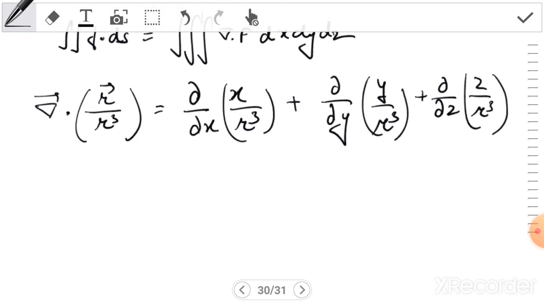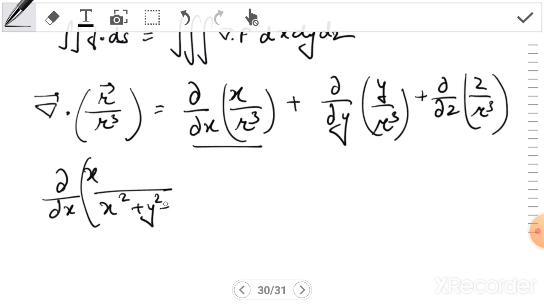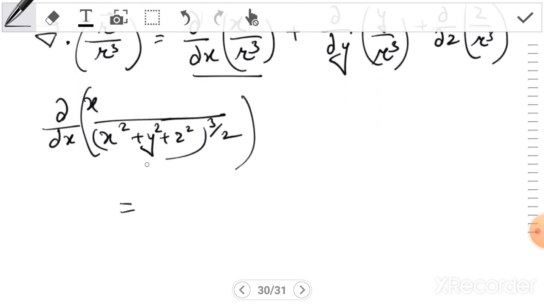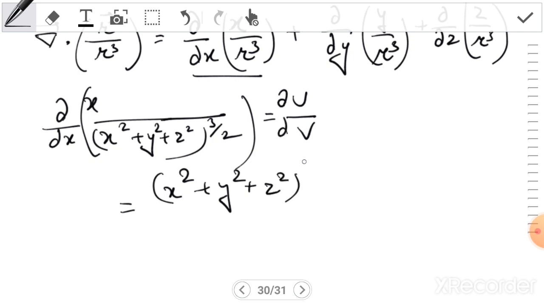Now let us evaluate first del by del x of x by r cube, which is x by (x square plus y square plus z square) to the power 3 by 2. So now this is in the form of u by v.